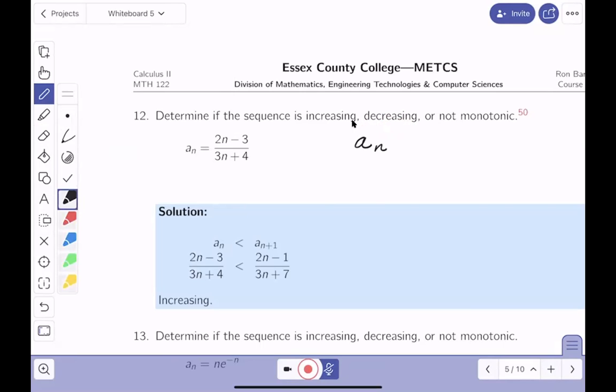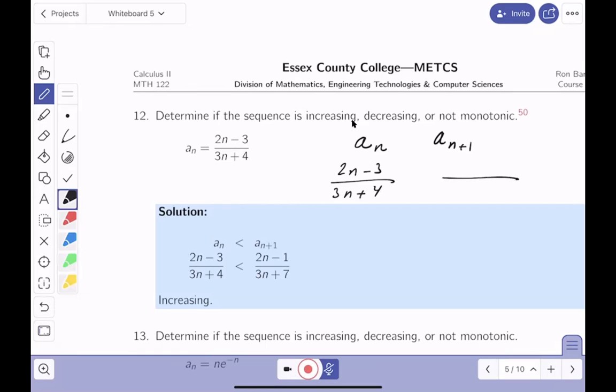Maybe I misspoke. a_n, a_(n+1). I don't know the relationship between the two, but I want to write them down for you. This is going to be 2n minus 3, and this will be 3n plus 4.